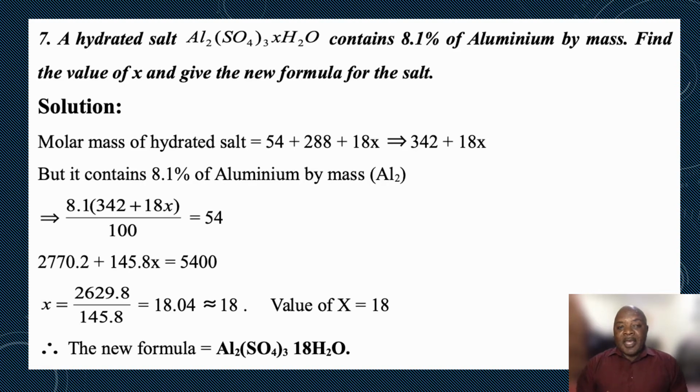So what is happening here is that you have been given a certain percentage. What you need to do here is, the molar mass of the hydrated salt is what? Aluminum is 27 times 2, plus SO4 times 3, plus water is 18 gram times X, that is plus 18X. Now, it gives us 342 plus 18X.